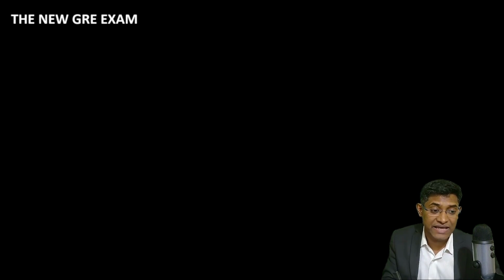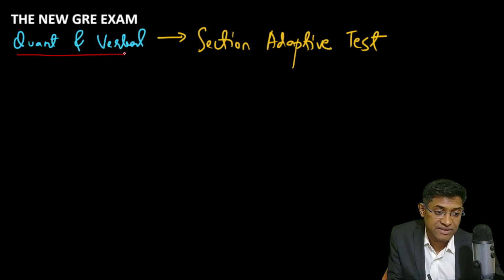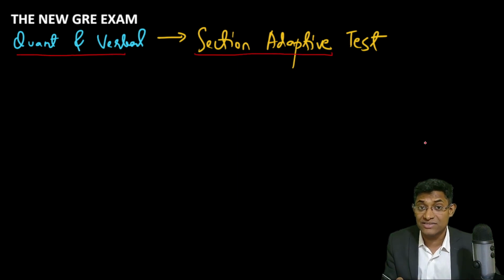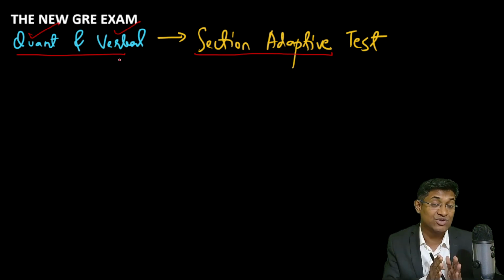Now, do remember that the GRE exam is a section adaptive test. So the quant and verbal reasoning sections are section adaptive in nature. Now let's try to understand what that means. Previously, we have seen that for each of the quant section and the verbal section, you have two sections each, right? You have section 1 and section 2 for quant and verbal.